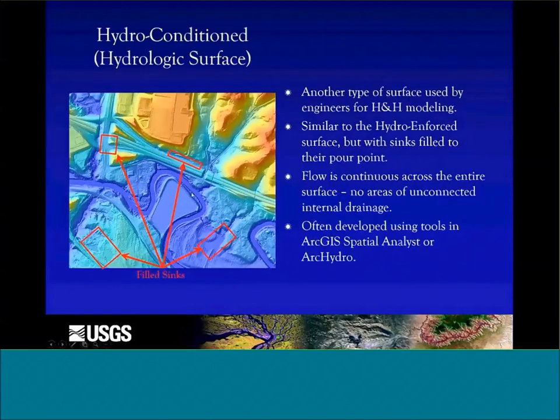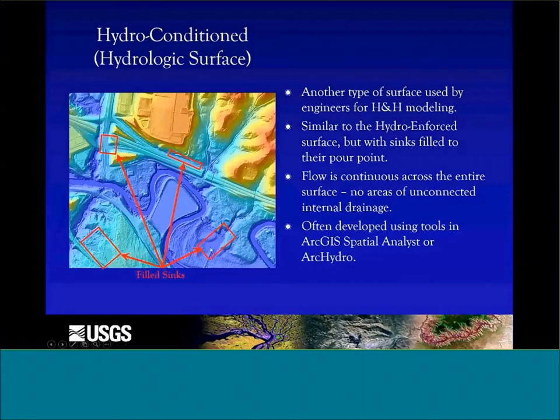Hydro conditioned is basically the same thing as the hydro enforced, but also covers other areas that are just depressions in the landform that do not have a natural pour point, a natural or obvious flow of where that water would go.